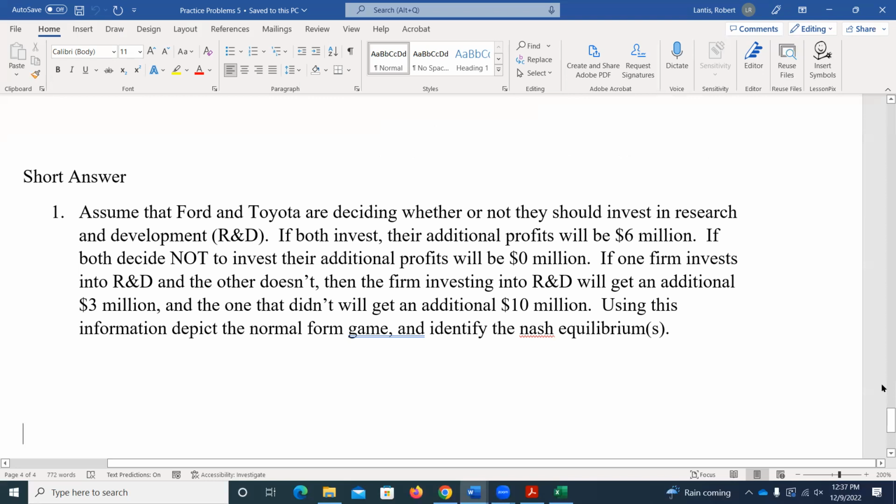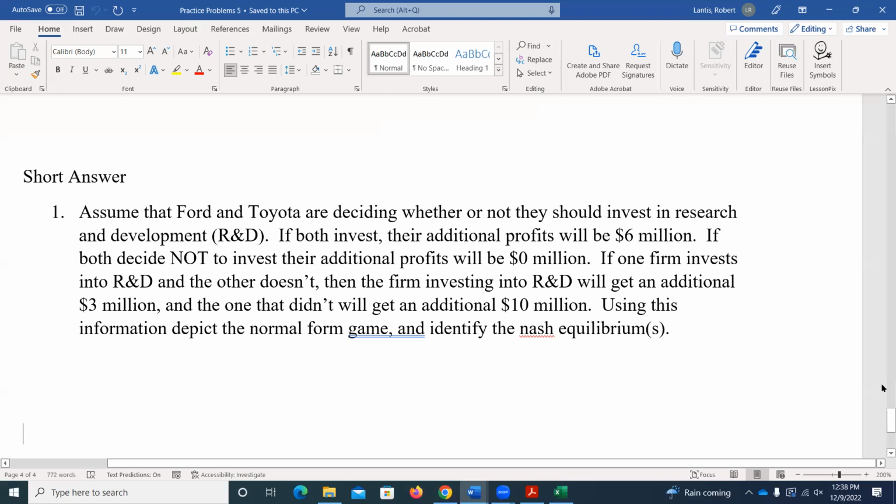Between 3 and 4. I think I have this one. So if they choose not to invest, what I want them to do is also not invest. But their optimal decision should be, yeah. There we go.